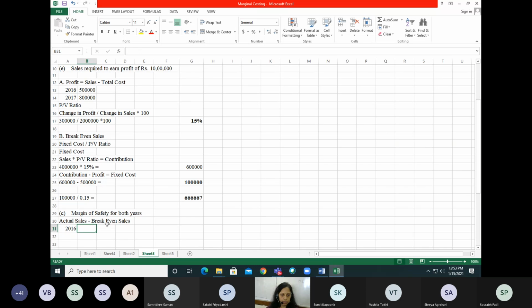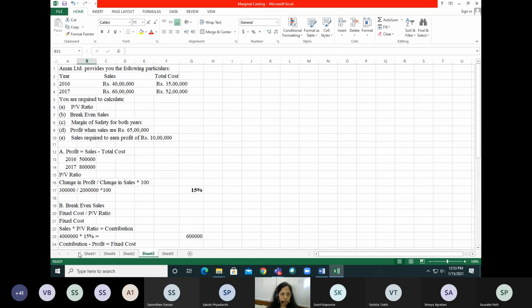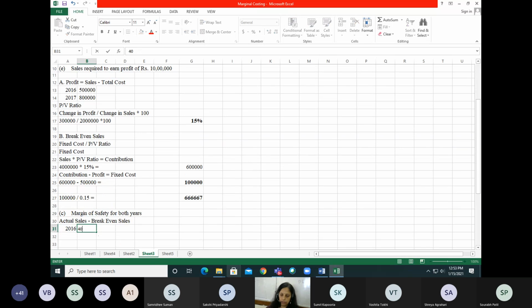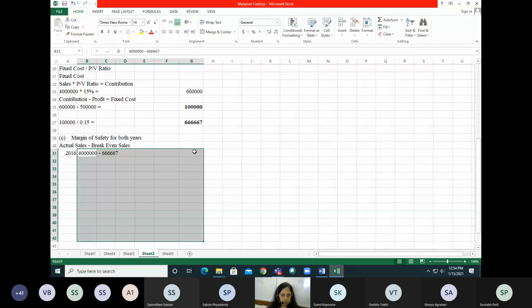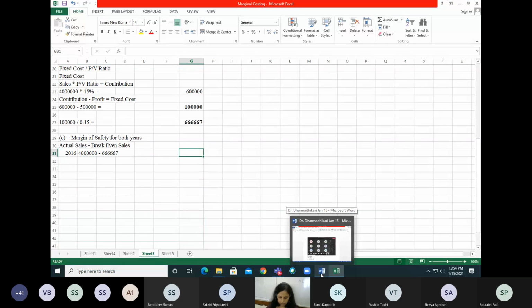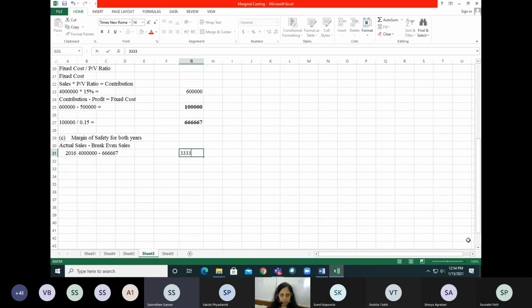Actual sales are 40 lakh, minus break-even sales 6,66,667. What is the answer? Ma'am, 33,33,333.